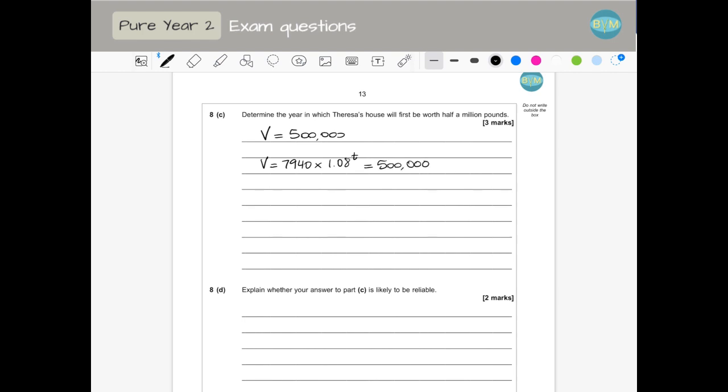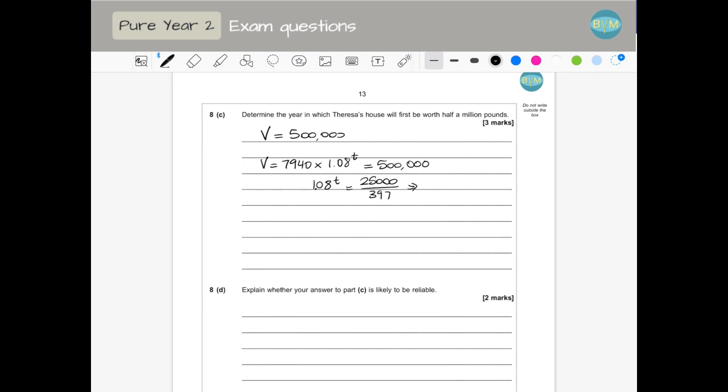So just dividing by 7,940, we have 1.08 to the power of T is going to be equal to 500,000 divided by 7,940.